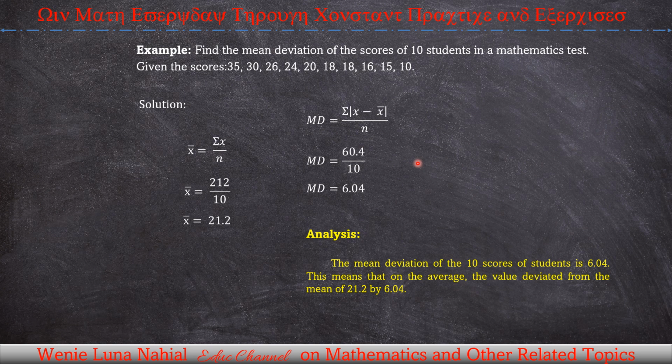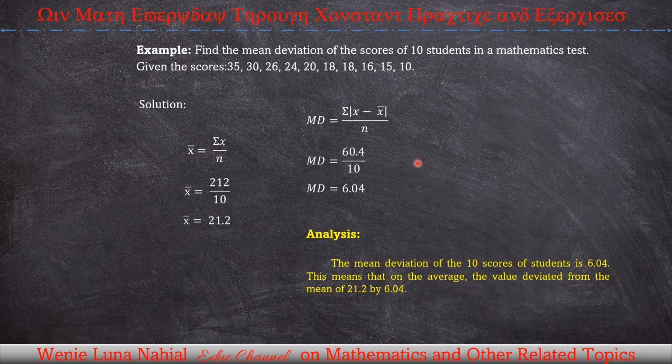This means that on the average, the value deviated from the mean of 21.2 by 6.04. So this time, the deviation is being referenced, or is used with the mean of the observations.